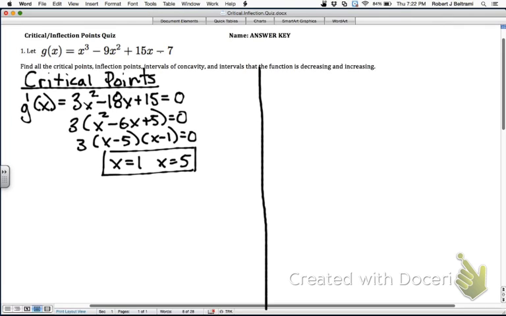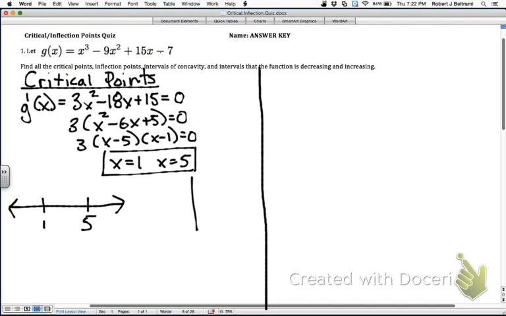Next thing I want to do, using these critical points, I want to see when the graph is increasing and when the graph is decreasing. So what I need to do is look and see when the derivative is positive and when the derivative is negative. So to do that, we'll go ahead and draw a little number line for the 1 and the 5. One way to do this is now to plug in values into the derivative and see what the sign of the answer is.